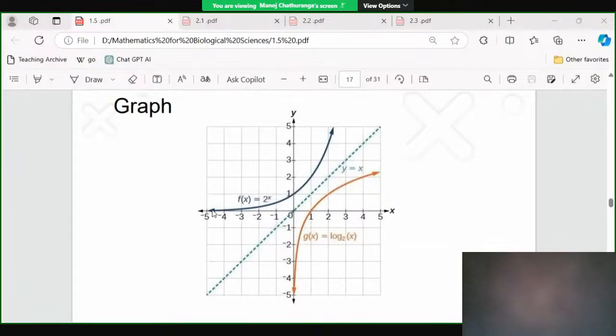When you change the roles of the x and y axes, now the y-axis will become a vertical asymptote for the log function. So exponentials have this horizontal asymptote. For the same reason, log functions have this vertical asymptote.